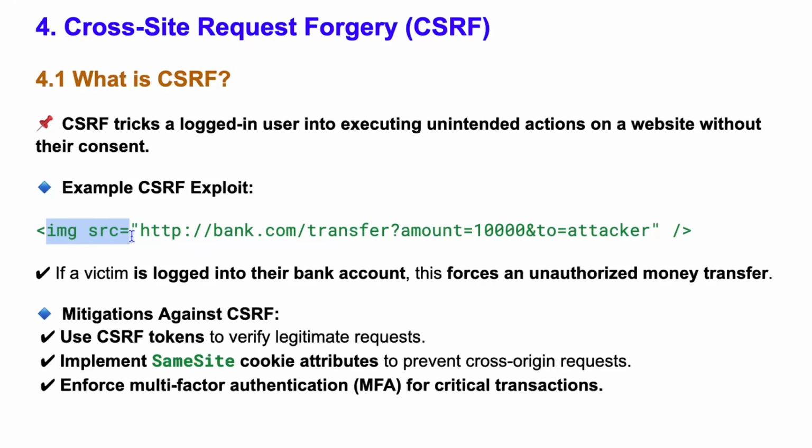And so when we can see this, we can say, okay, well, this image source is pointing to a URL for that website that is loading the picture of the cat.